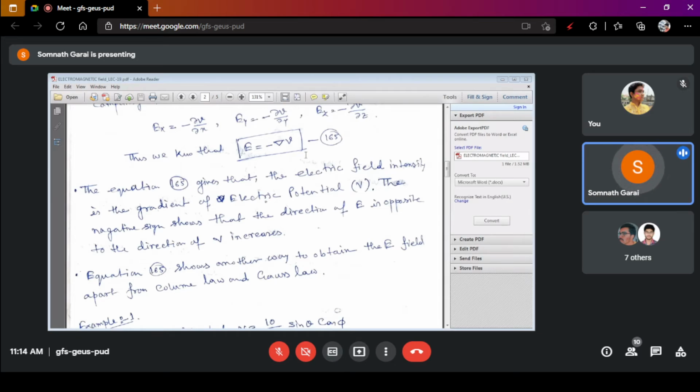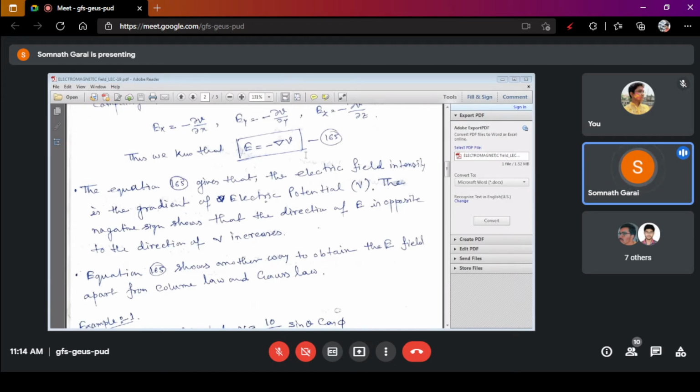So equation number 165, whose application is to generate or determine the electric field intensity apart from Coulomb's law and Gauss law.